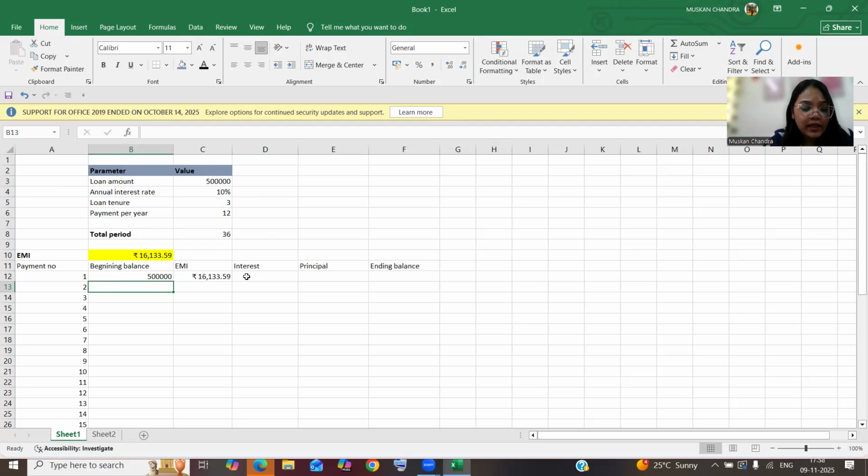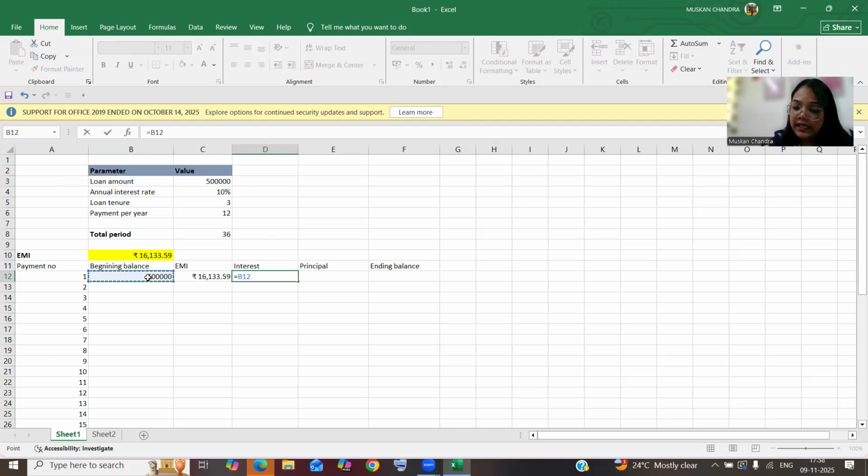So under interest, first is EMI, which we have already calculated. Interest, which is D12, we'll have equals to B12 into bracket open C4 divided by C6 bracket close.